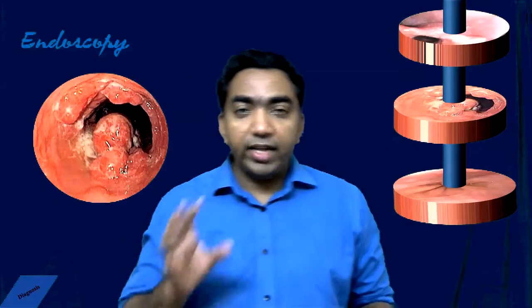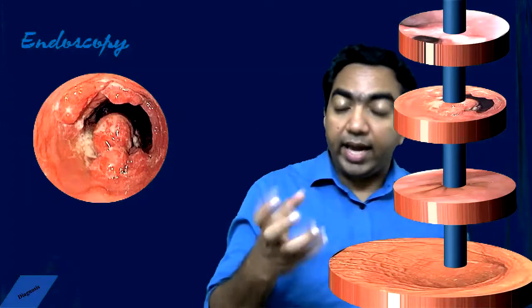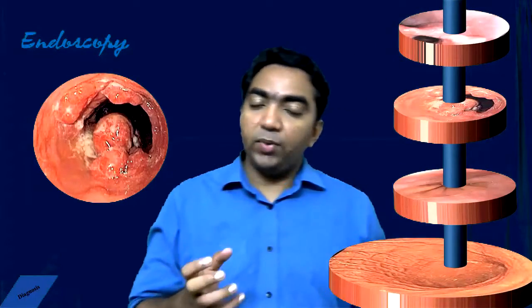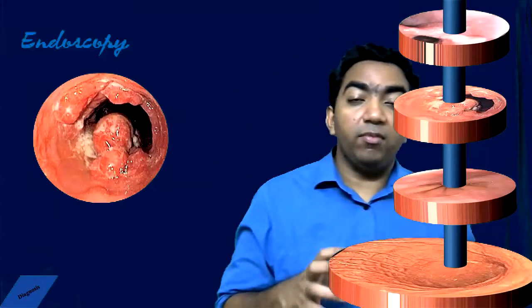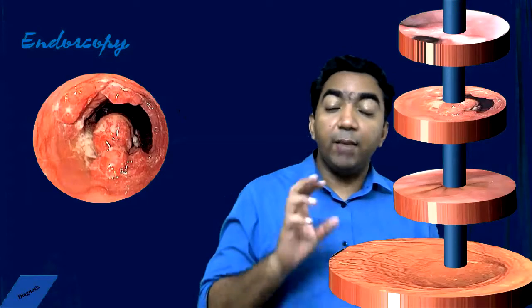Finally, when the endoscope reaches the stomach, we should see the distensibility of the stomach by air in the endoscope to make sure that the stomach is not involved by the gastroesophageal junction tumor or the lower one-third carcinoma esophagus.